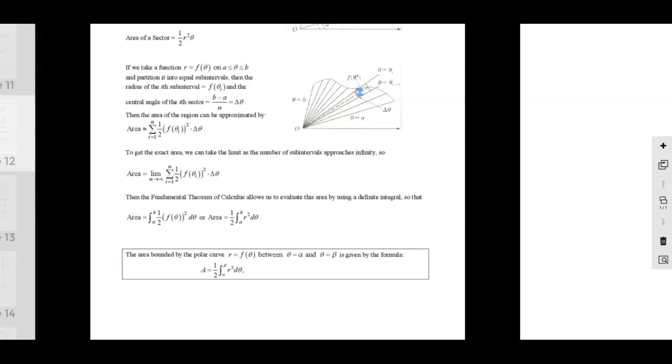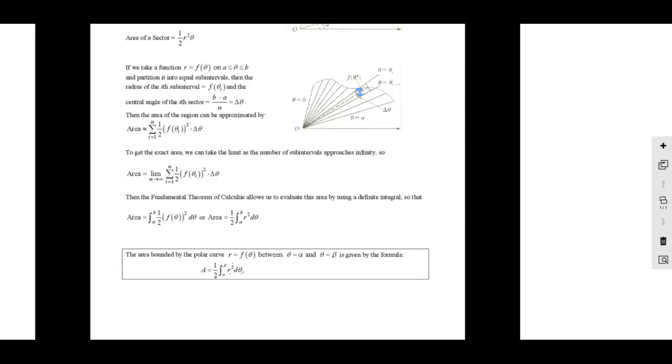As we have infinitely many of those little sectors, that delta theta gets really small, just like how the width of those rectangles for Riemann sums gets really, really small. Instead of the change over an interval, delta x, we change it to dx, instantaneous change. We're going to do the same thing. That width of that little slice or wedge of my sector is eventually going to get really, really small.